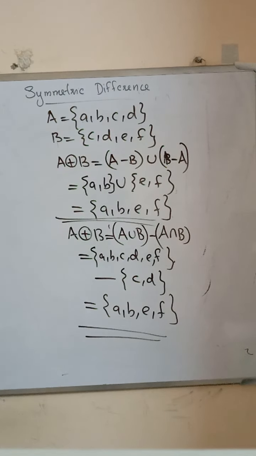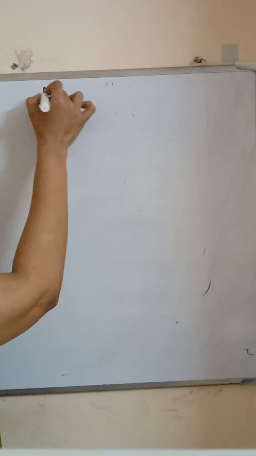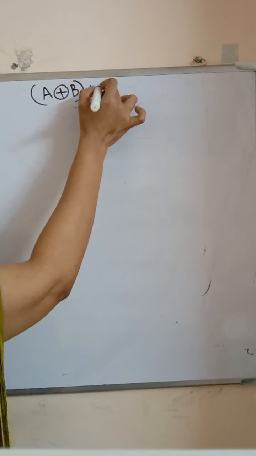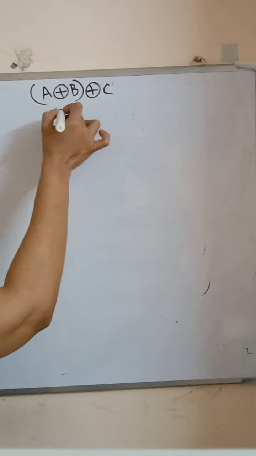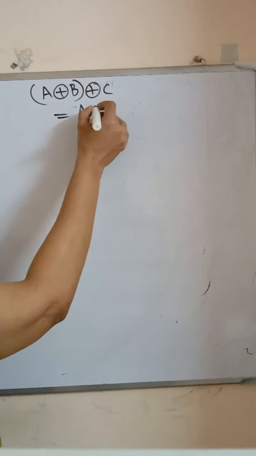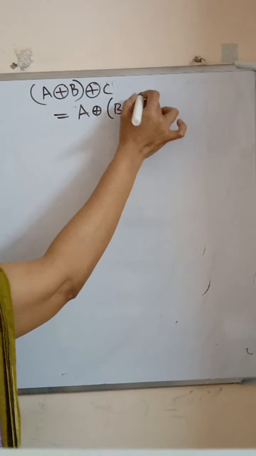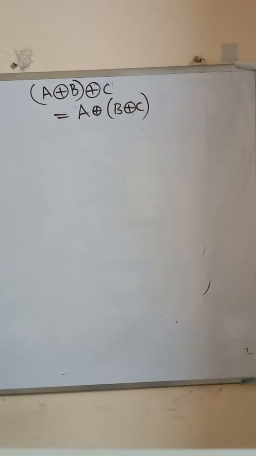Now let us discuss another problem. Use a Venn diagram to prove symmetric difference is an associative operation. That is, (A Δ B) Δ C equals A Δ (B Δ C).